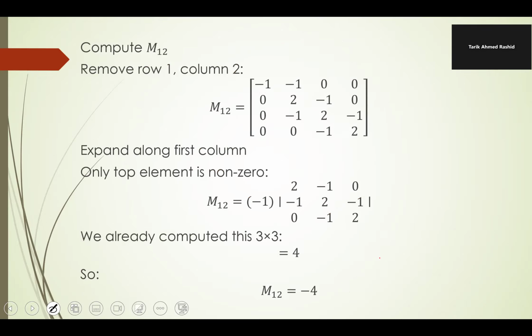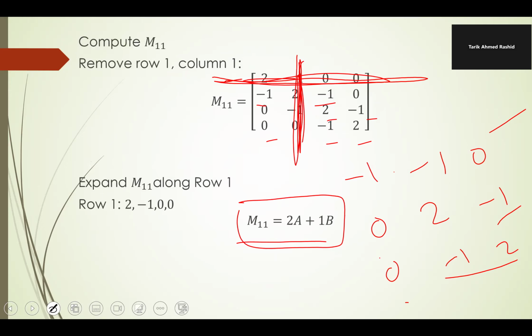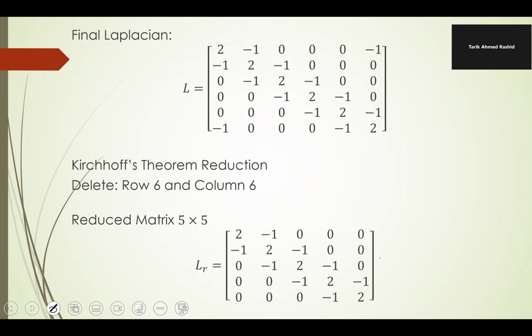Now we compute M12. How to get M12? Remove row 1, column 2. We go to our matrix, remove row 1 and column 2. We remove this one and we remove this one. We should get minus 1, minus 1, 0, 0, 0, 2, minus 1, 0.